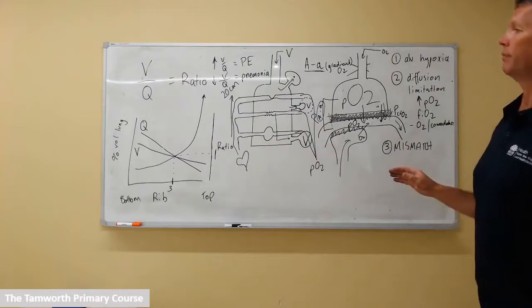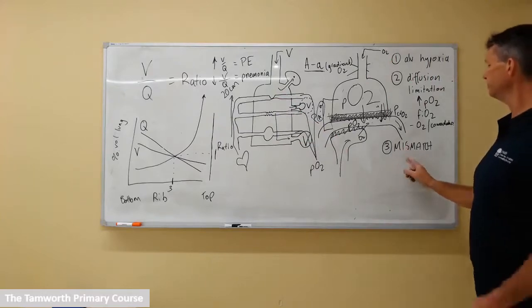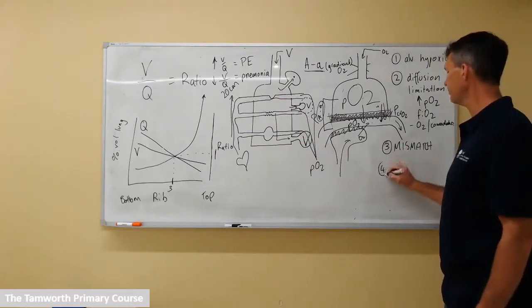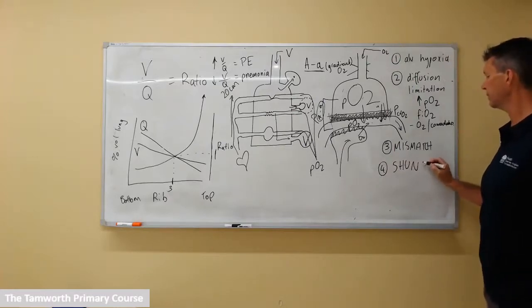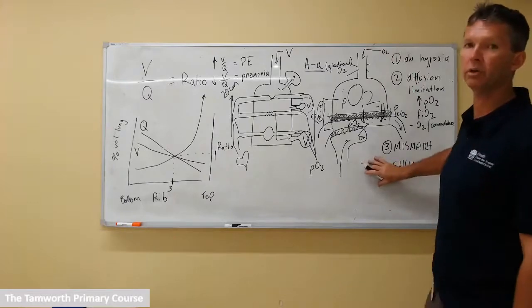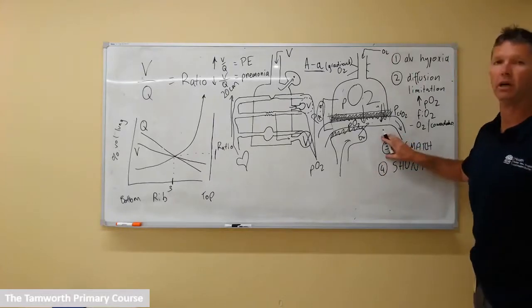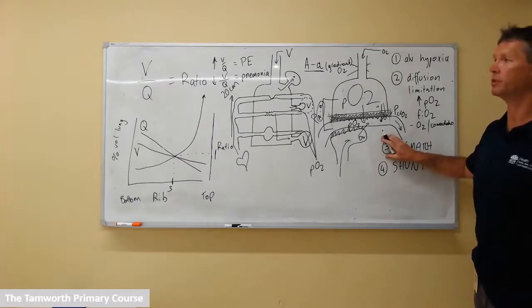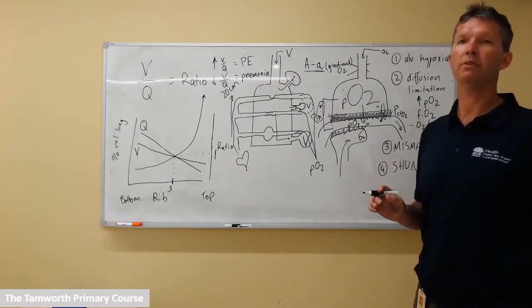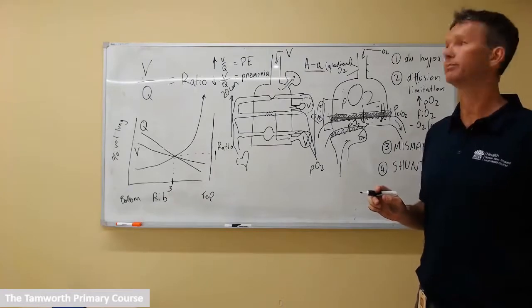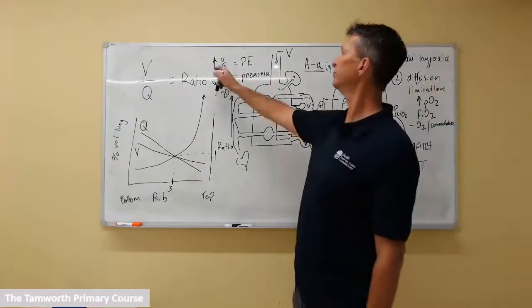Now, the last mechanism is an extreme form of mismatch. It's called shunt. We sit it out here on its own, thinking of it as an extreme form of mismatch in which we have blood that is bypassing ventilation, i.e. we have no flow.